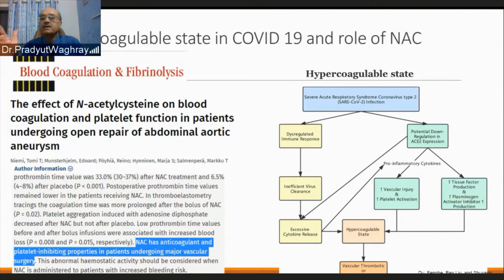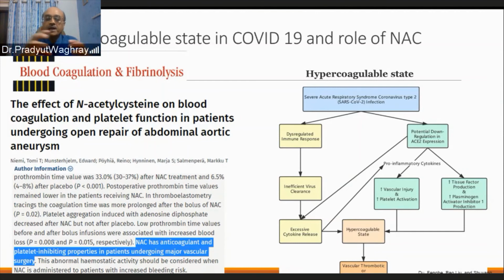On the right hand side in the green, the SARS-CoV-2 infection also potentially downregulates the ACE2 expression, thereby increasing the vascular injury by the production of pro-inflammatory cytokines. It increases the vascular injury, it increases the platelet activation, it increases the tissue factor production, and it increases the plasminogen activator inhibitor.